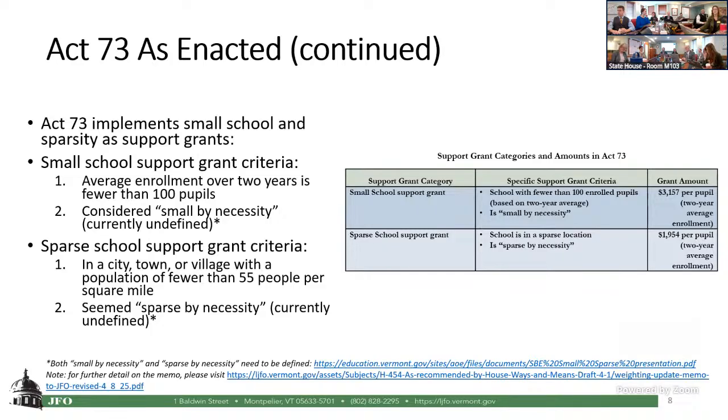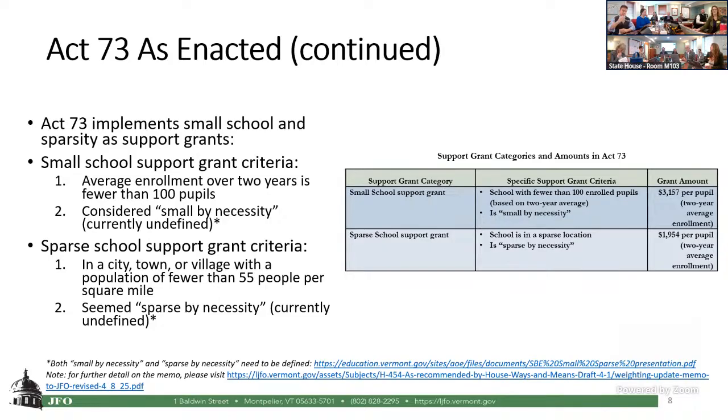And next we have the sparse school support grant. And so this is, again, based on two criteria under Act 73. So first, it is a school within a city, town, or village with a population of fewer than 55 people per square mile. And also it needs to be deemed sparse by necessity. Again, that's a definition that is currently undefined.